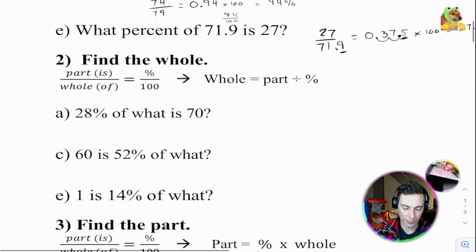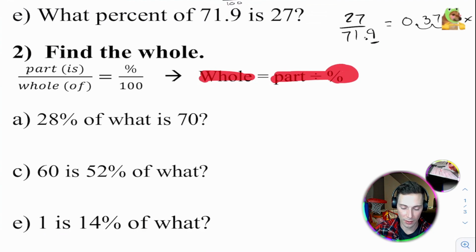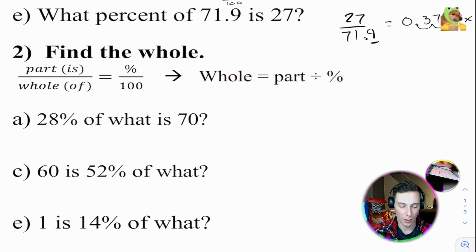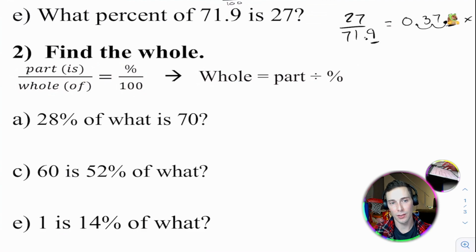Find the whole. So our whole is going to be equal to the part divided by the percent in decimal form, or the part is equal to the whole times the percent divided by 100. So it's an equivalent fraction, but we're going to use all decimals. Just easier with a calculator this way.